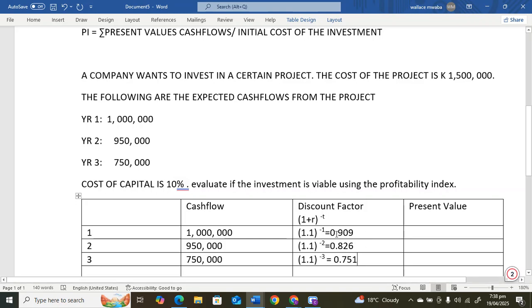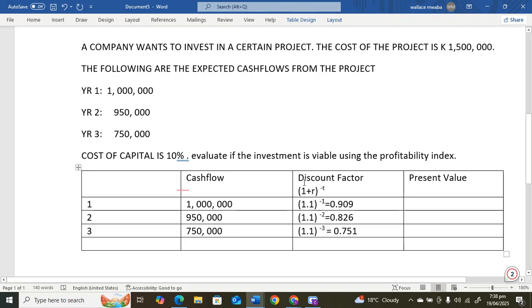Now we can get our present values. 1 million times 0.909, what do we get? 909,000. Then here 950,000 multiplied by 0.826. And here 750,000 multiplied by 0.751.